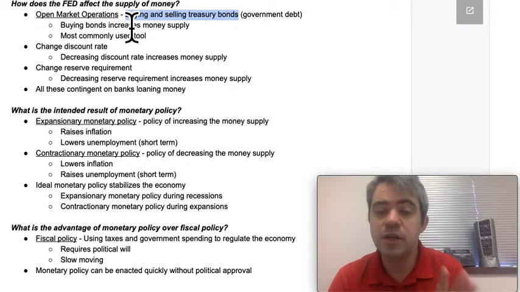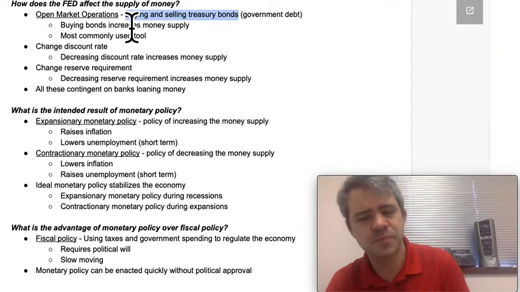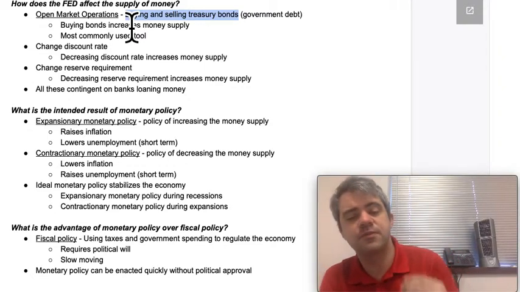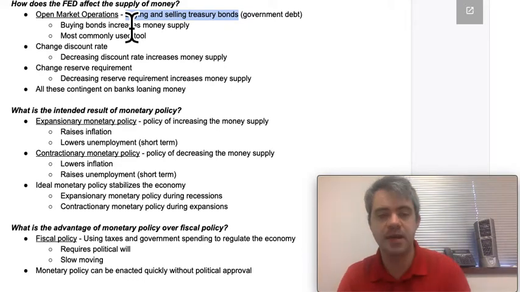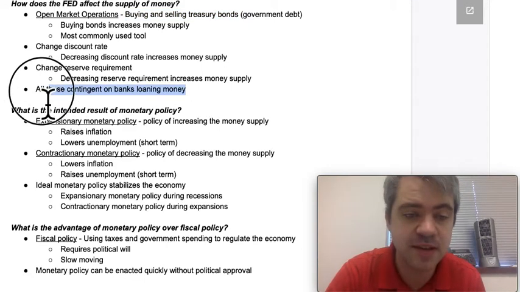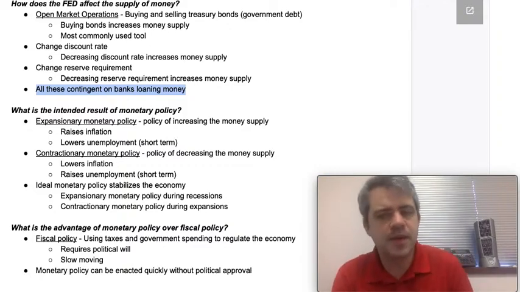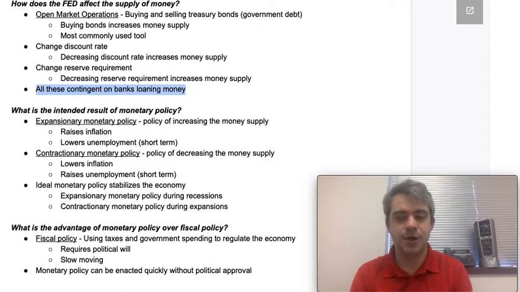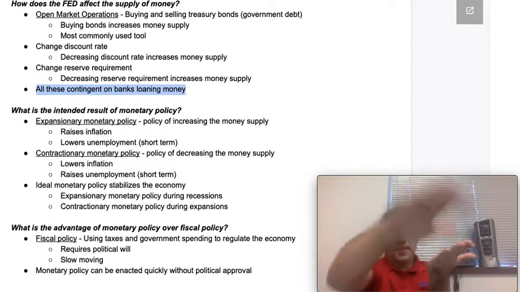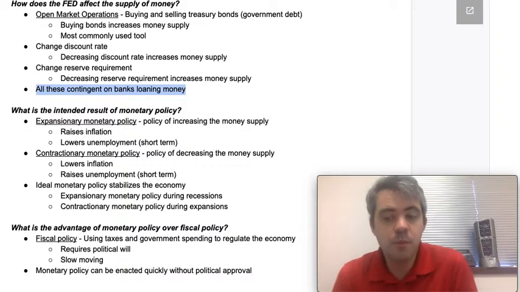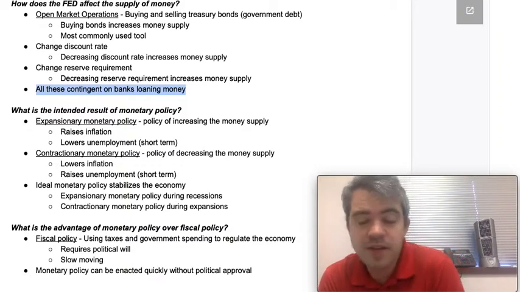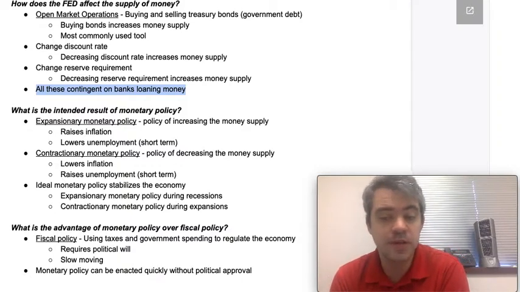Now, something you need to notice on all three of these, the Fed actually doesn't have direct control over the money supply because all three of these are contingent on banks loaning money. And that was one of the big kind of weird things that happened in 2008 is that the Federal Reserve said, here, take all this money. But the problem was these banks looked around. They didn't really find anybody to loan the money to.